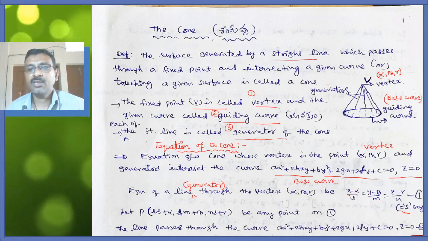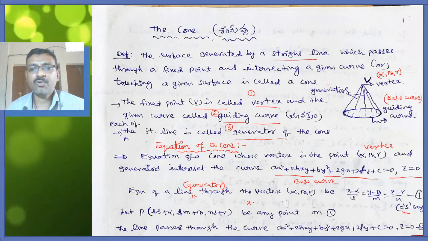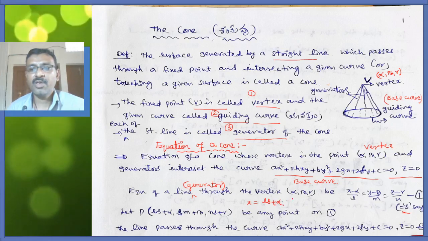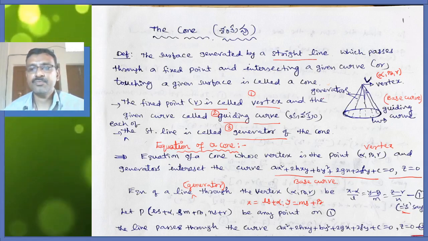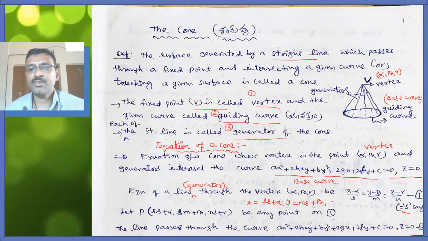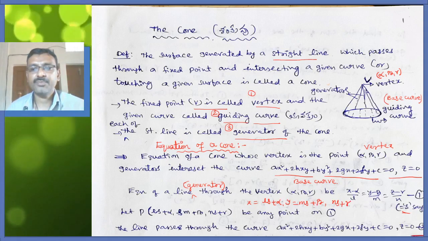I get x minus alpha by l equal to s, which implies x equals l s plus alpha, and equating the second, y equals m s plus beta. Similarly, equating the last, z equals n s plus gamma.